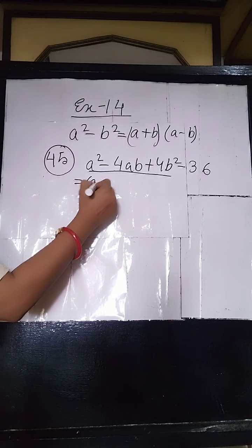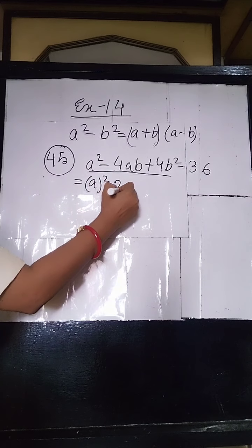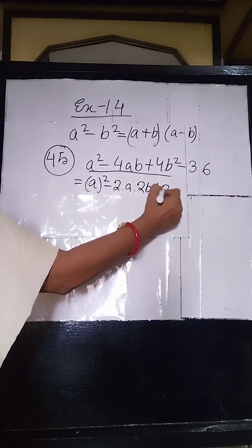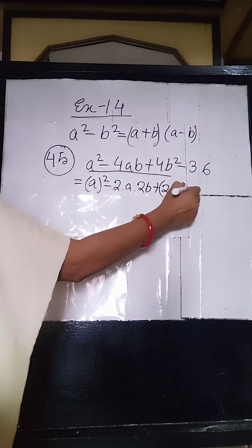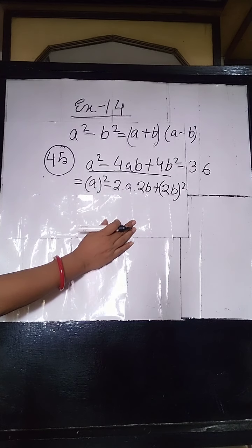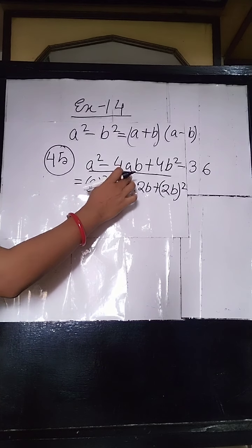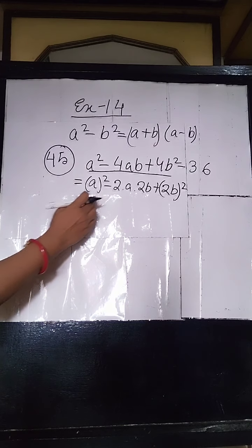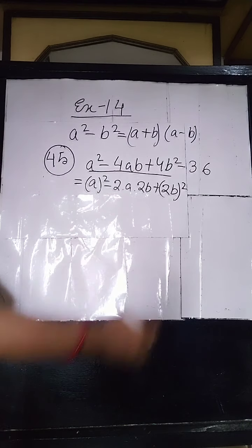If I write a whole square minus 2 into a into 2b plus 2b whole square, isn't this line derived from the previous line? Yes. Why? Because we can easily apply the formula of a minus b whole square over here. And a minus b whole square means a square minus 2 into a into b plus b square.